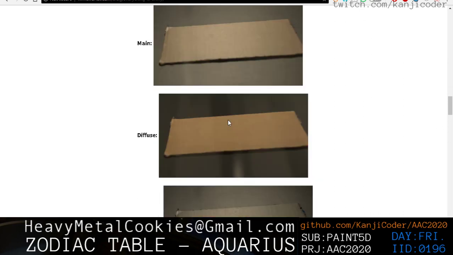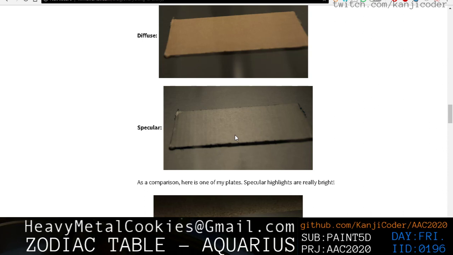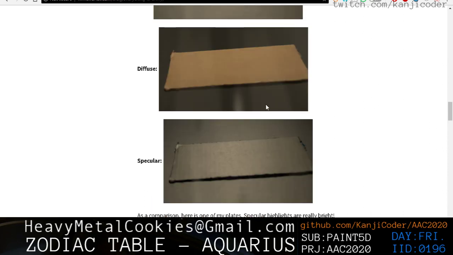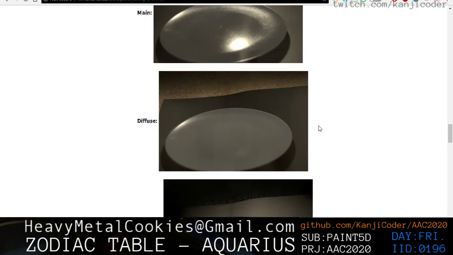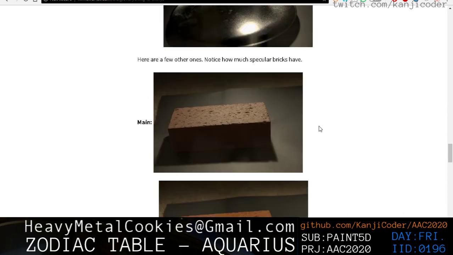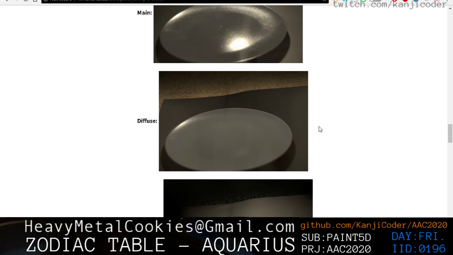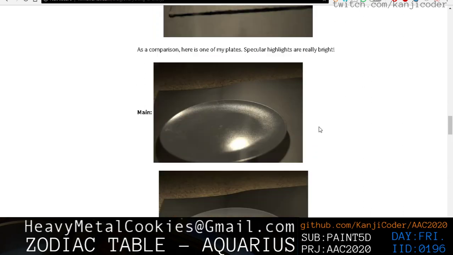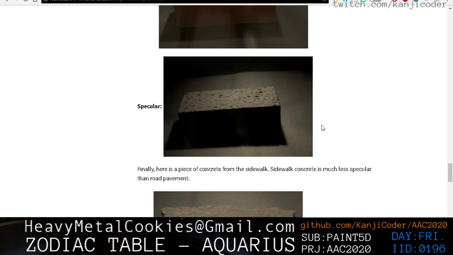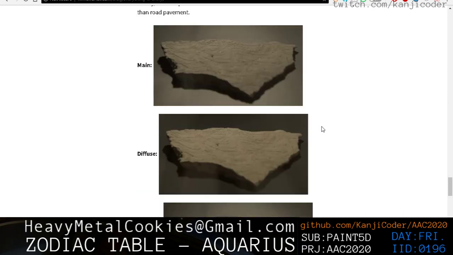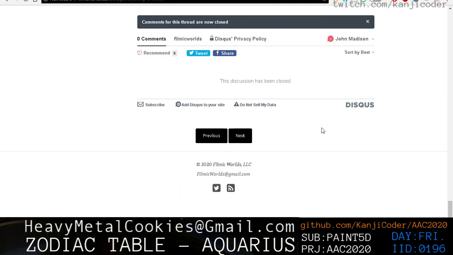Main, diffuse, specular. So maybe I don't have my definitions for diffuse and specular correct in terms of physically based rendering, because these are both emitted light, right? Anyways, this is good to read over. Yeah, this is really good stuff.